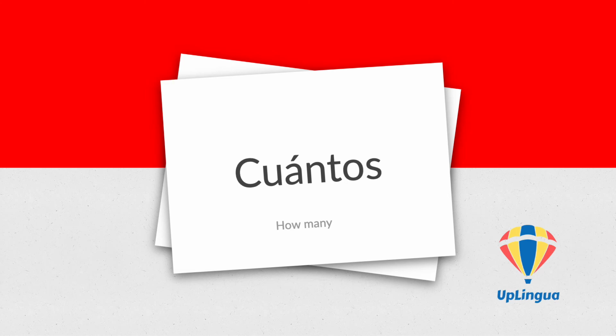Remove the H and the S. The AN would be on. So far you have Kuan, tos. The TOS becomes tos. Think of the word toast and just remove the T at the very end, tos. Cuantos. The only thing is that the T is pronounced a bit softer. Try one time after me. Cuantos. How many becomes cuantos.